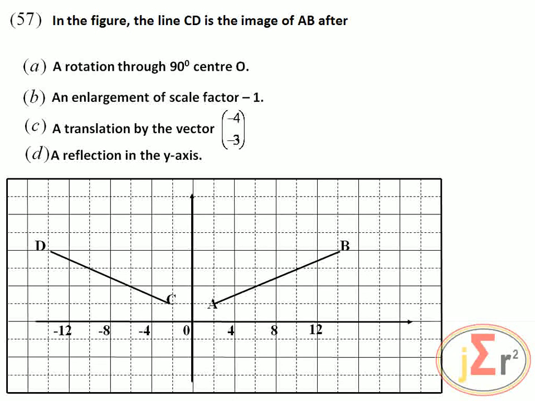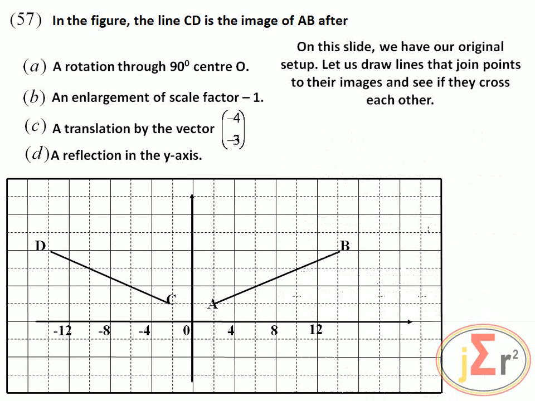In the figure, the line CD is the image of AB after which one of these? We're just refreshing our memory as to the statement of the problem. On this slide, we have our original setup. Let us draw lines that join points to their images and see if they cross each other. That one to its image and that one to its image.